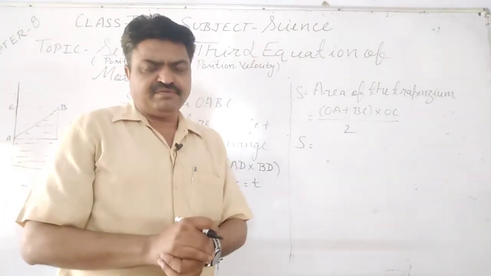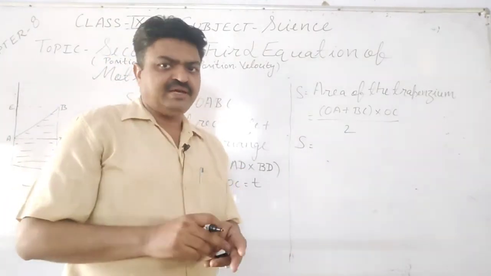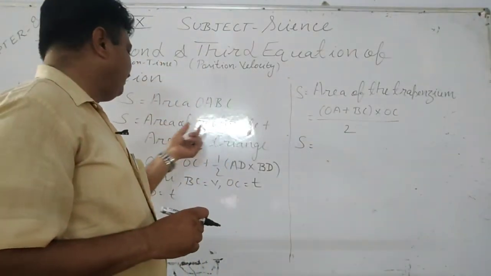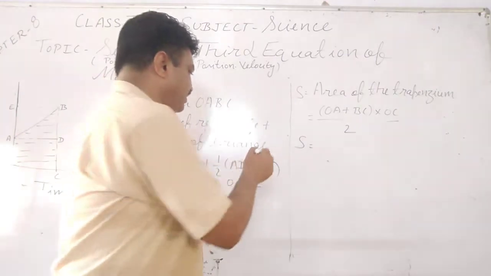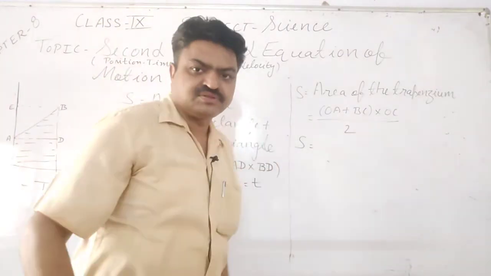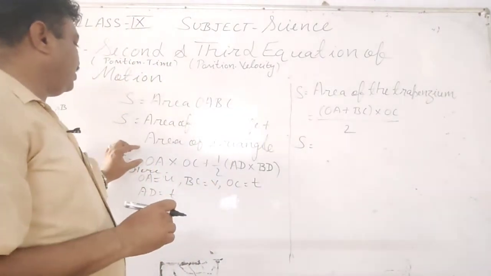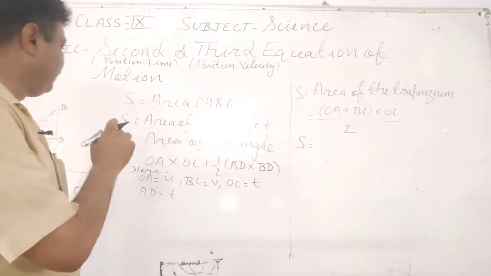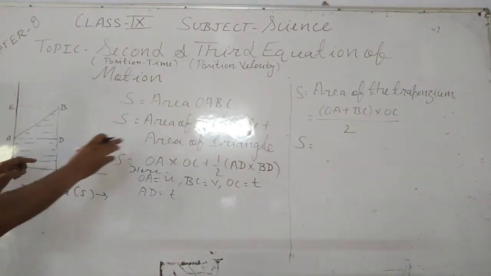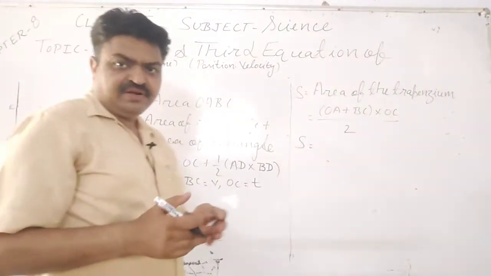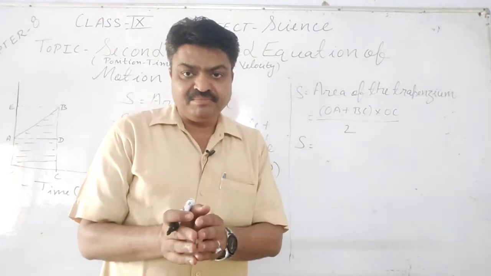Now in the area of trapezium, we take the area of two shapes. First is the area of rectangle, second is the area of triangle. What will be the area of the rectangle? What is the formula of area? It is length multiplied by breadth.